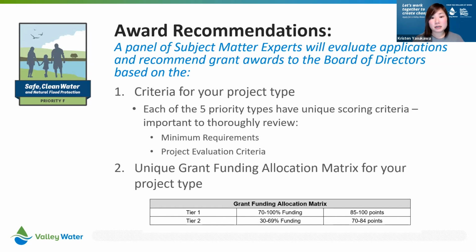And so you'll see that our grant staff doesn't have decision-making authority, and we do not influence the scoring at all. We facilitate the evaluation panels, but we are not scorers or evaluators ourselves. They're done by our subject matter experts. So you just want to be very clear on what that process is in our grants team role.